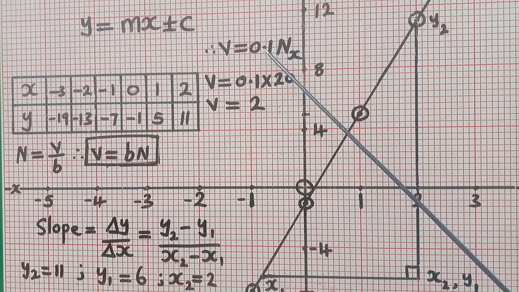That is how it now became 0.1 times 20. This nx is now 20. 0.1 times 20 is that v is equal to 2. That is why we say that this point is 2. So whether we see it as being marked or determining it by calculation, v at this point, which corresponds to x2, is equal to 2. We therefore confirm that x2 is equal to 2.